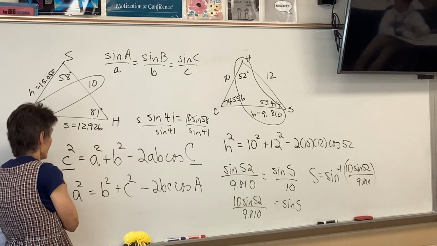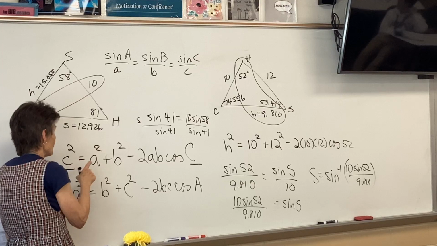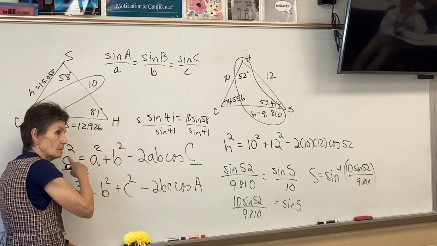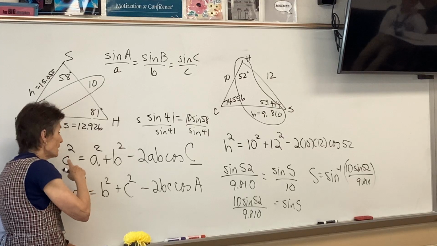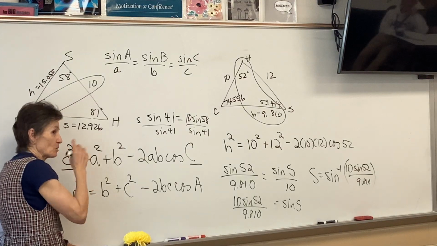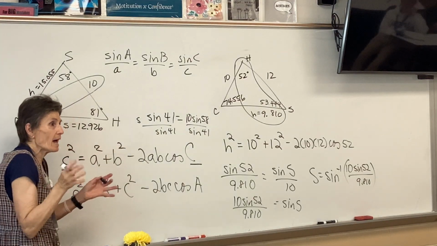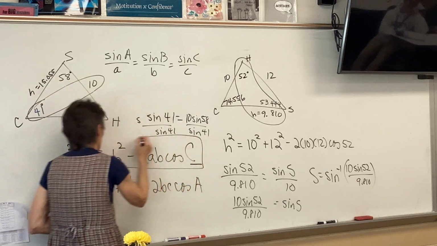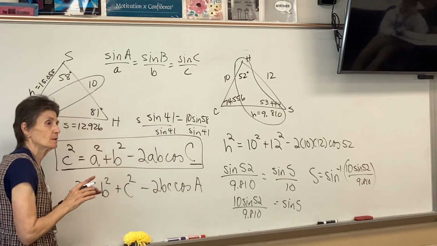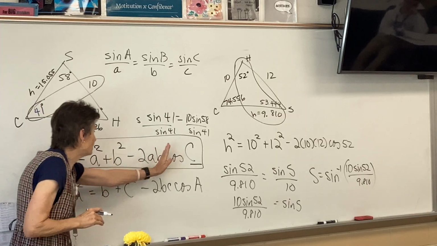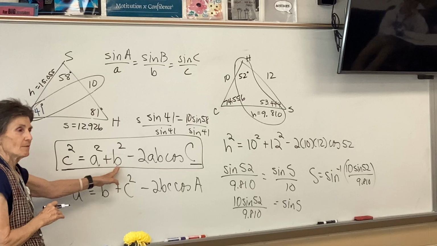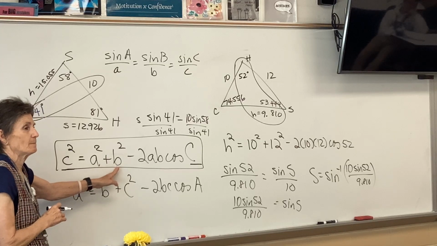You absolutely can rewrite this equation however you want to. I'm not sure why you would ever do that, but yes, this is true no matter what way you arrange it. So if you want to move everything over and have b squared over here by itself, that is totally 100% fine.